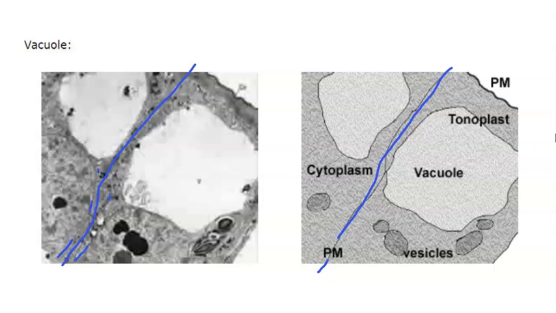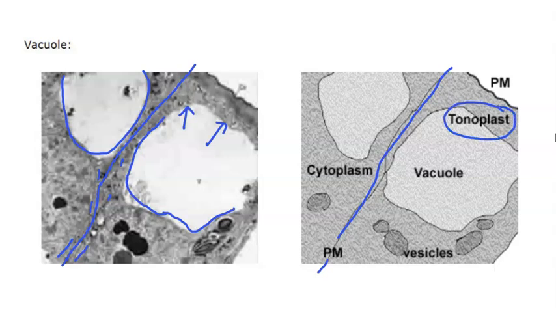But the actual vacuole for the first cell is here, and my pen line is now drawing around each of the vacuoles. I'm actually just going to stop this one because this structure here is the second item on our list, which is the tonoplast.